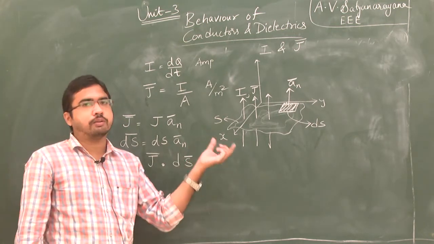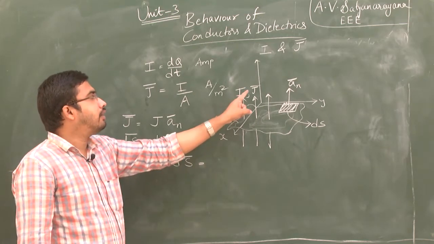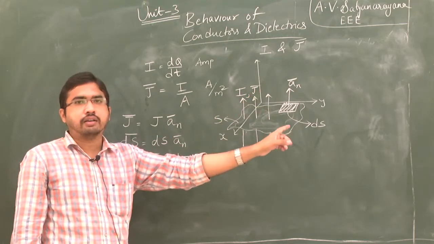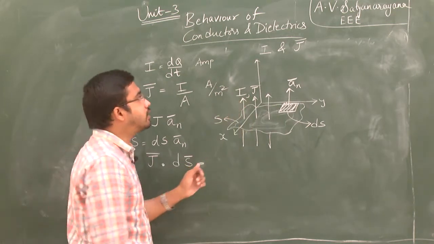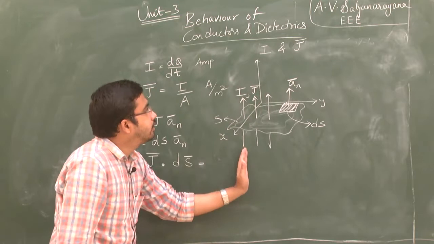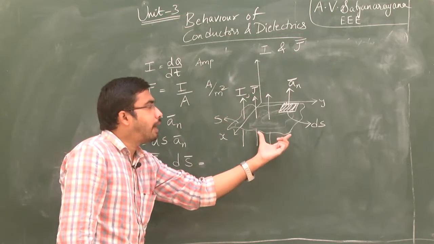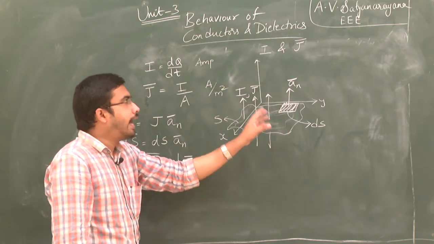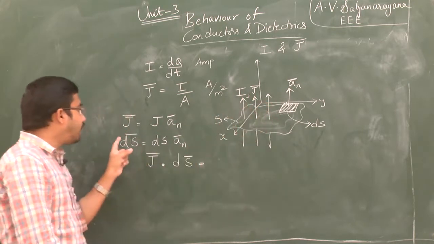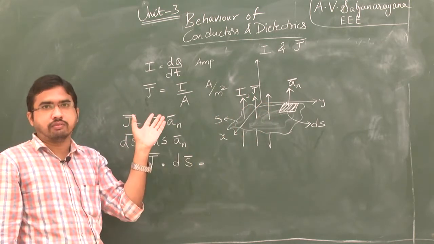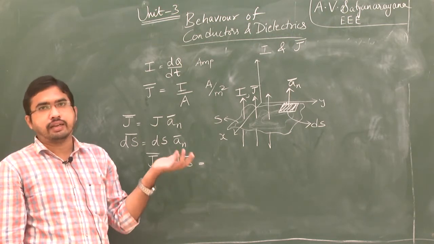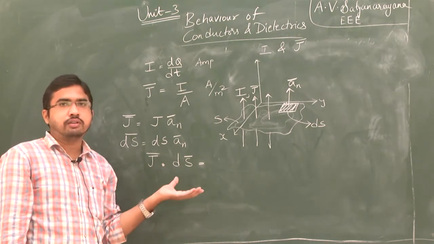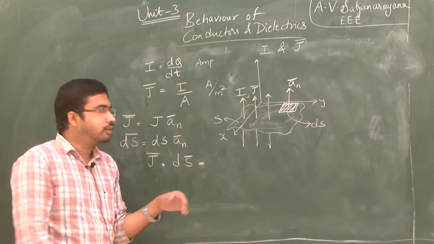Why we are taking the dot product is because I bar, J bar, ds bar are all mutually parallel to each other. If you consider I bar, J bar, they are perpendicular to the surface, and I bar, J bar, ds bar, all these are parallel to each other. For that it is convenient to apply the dot product. If theta were 90, then it would become 0, so we can't take theta 90.